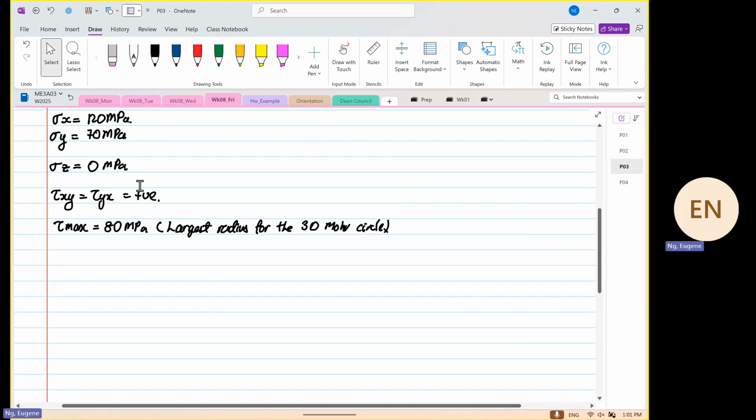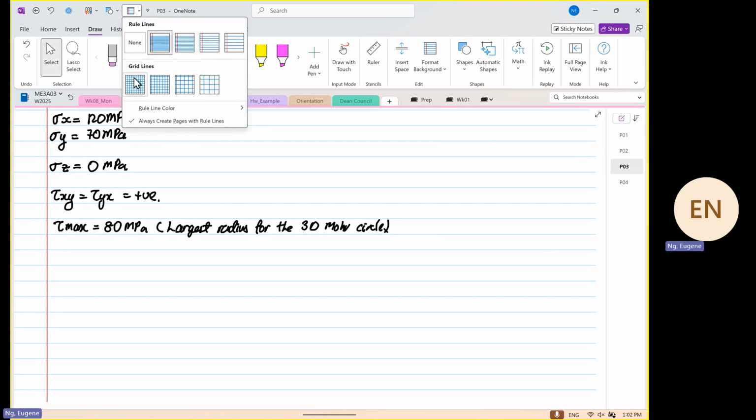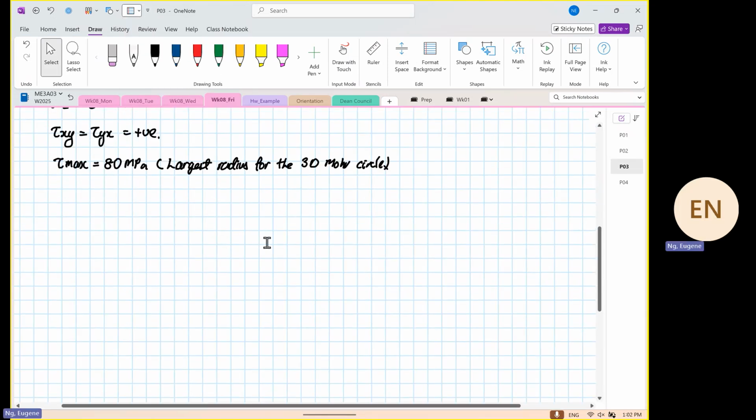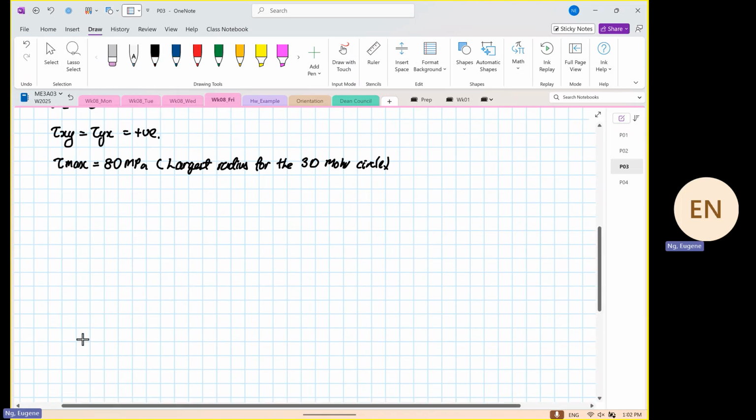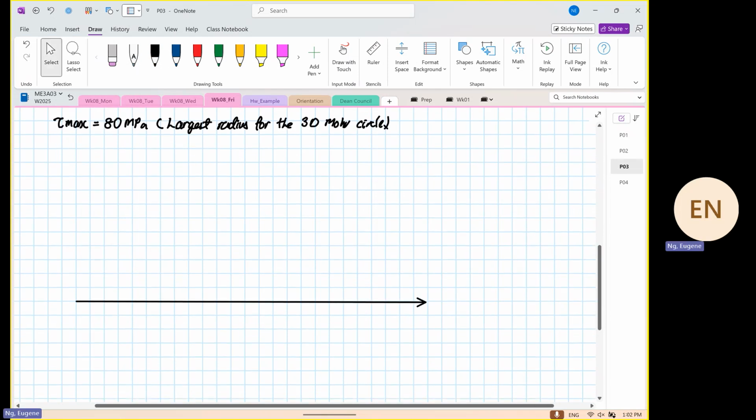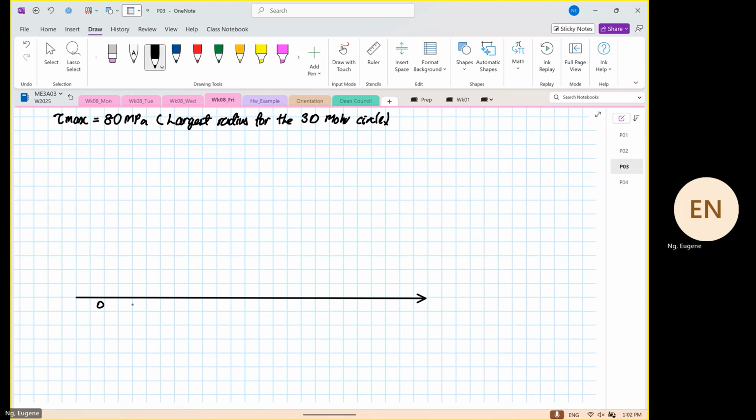Right. So from here, start sketching Mohr circle. I know the solution is different, but the solution is like that because they could visualize how the Mohr circle looks. I cannot visualize yet. I have to draw Mohr circle. Okay, so this is my 0, 20, 40, 60, 80, 100, 120, 140, 160, 180, 200.